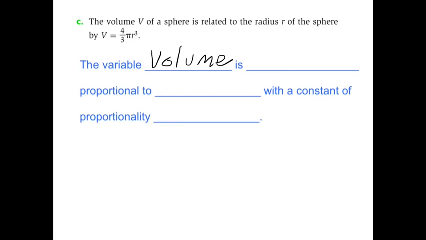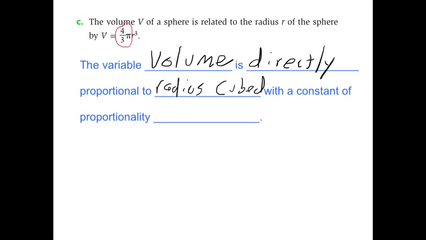So volume is directly proportional to radius cubed, with a constant of proportionality that's a little complicated too: the entire constant is 4/3 pi.